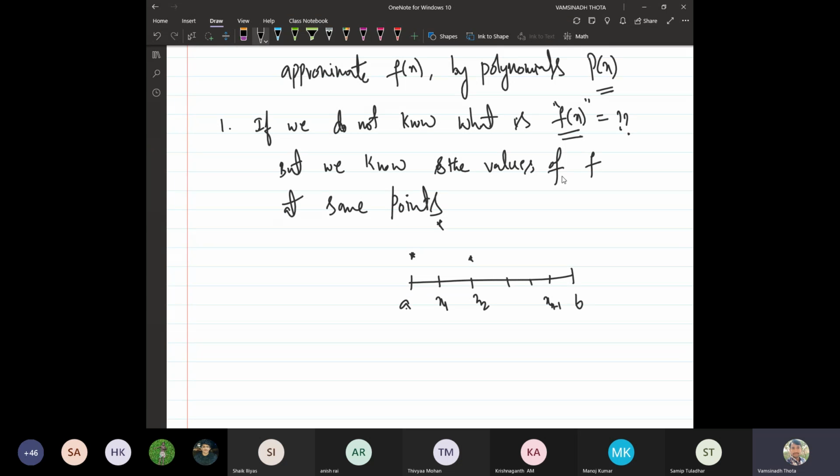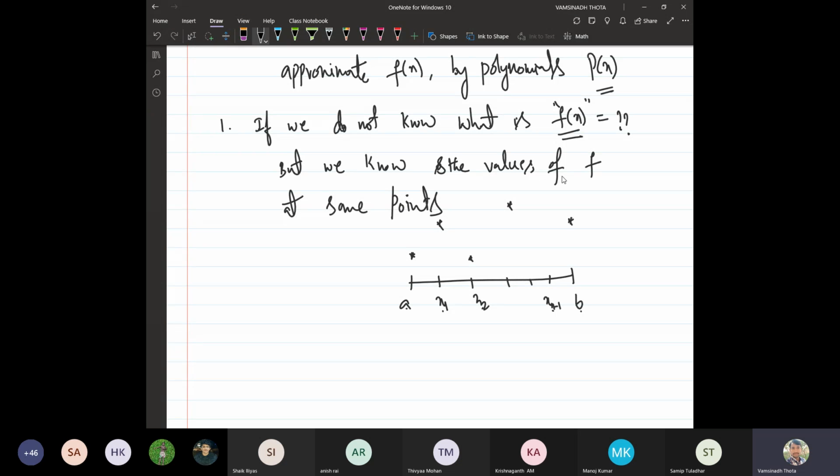So we know f at a, f at x1, f at x2, f at xn minus 1, and f at b. Only a finite number of values of f are known.